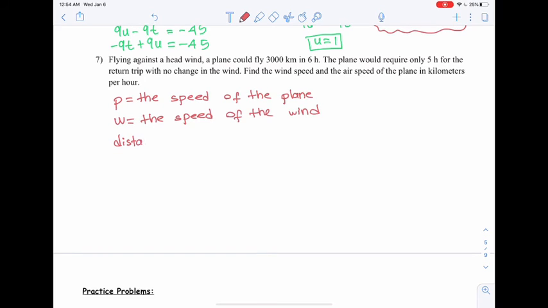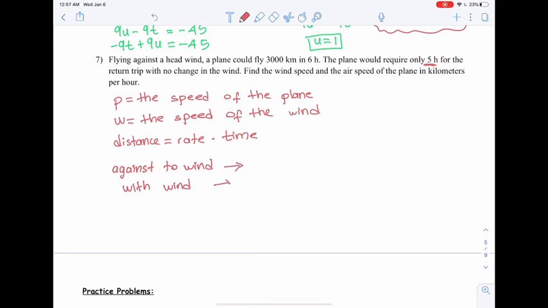Distance is equal to rate times time. Okay, it's time to write the equations. The first equation, let's write it against the wind. And then the second equation, let's write for with wind.